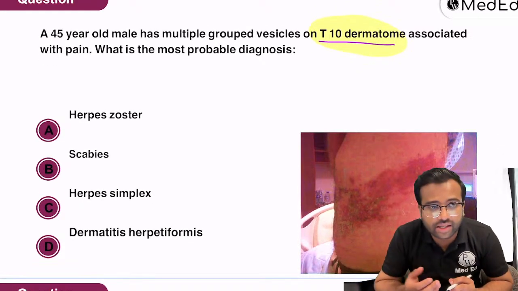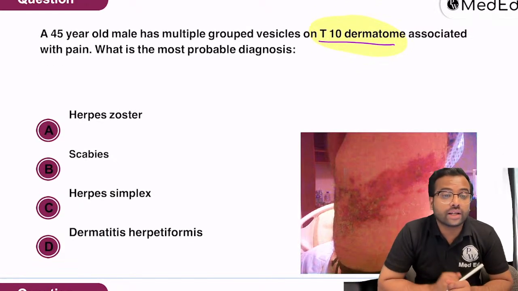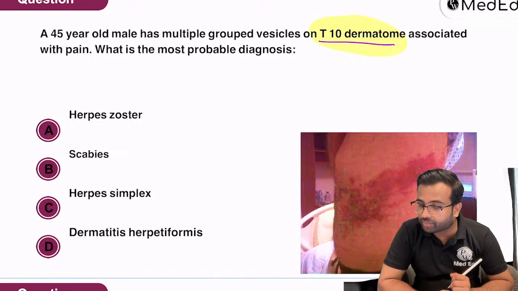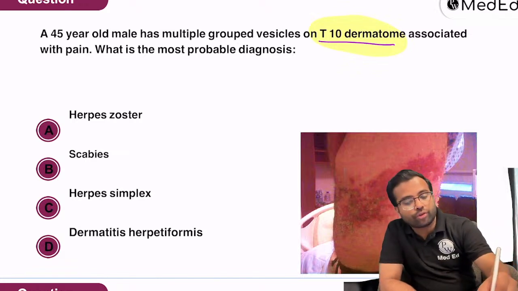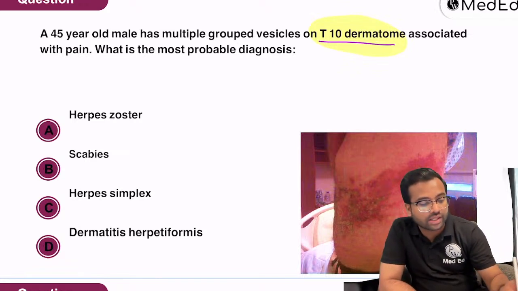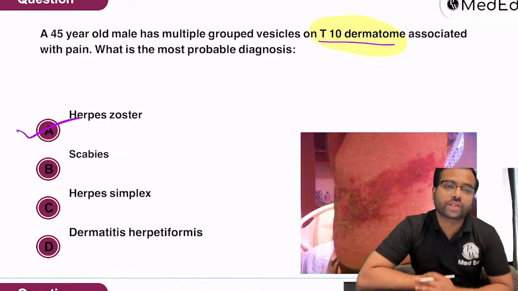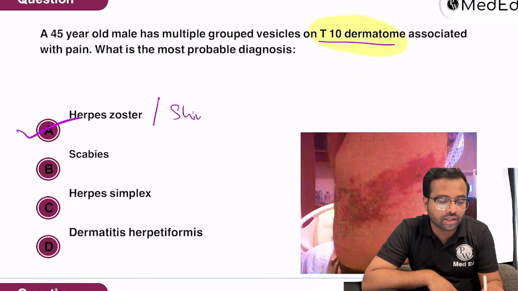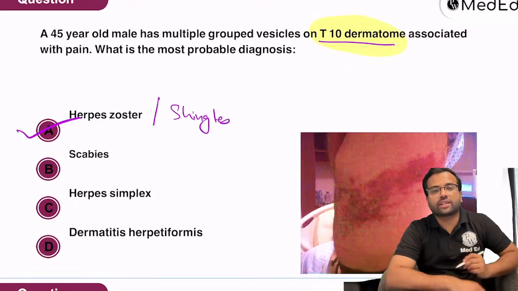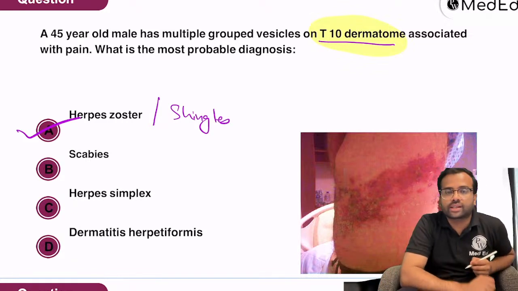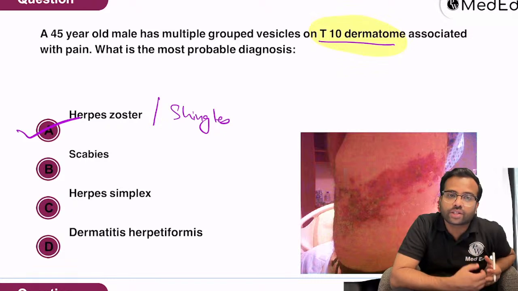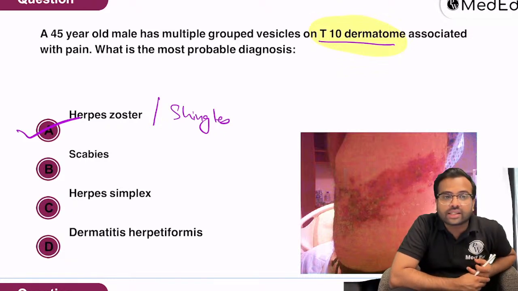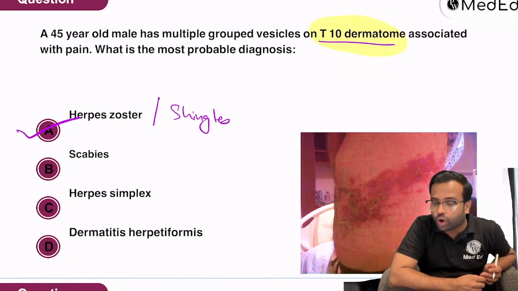Is it scabies? Is it herpes simplex or dermatitis herpetiformis? Yes, very good. So all of you are getting it right. This is seen in herpes zoster. So herpes zoster, which is also called shingles, is a reactivation of the varicella virus, right? So when there is a reactivation of the varicella virus, this is called herpes zoster or shingles.